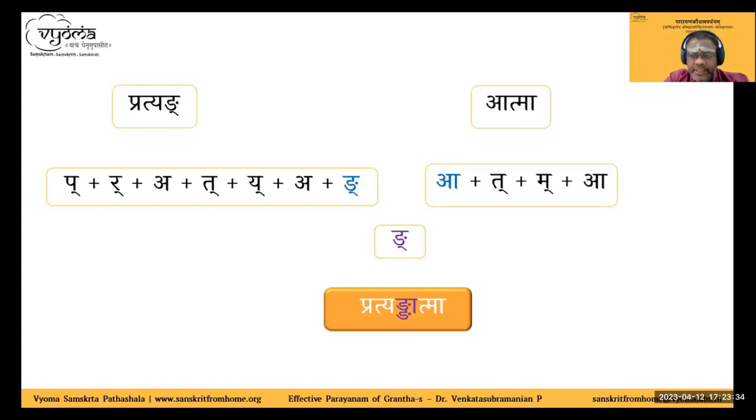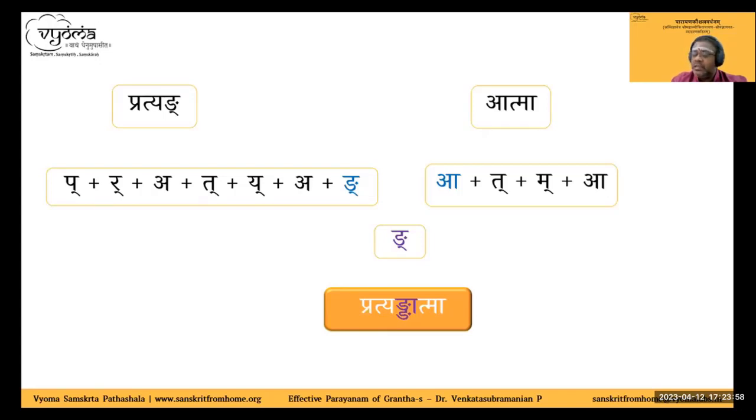So this is also a change. But the change here is the old letter did not go away. Another new letter came and it joined hands. They became friends with the old letters. In the previous case, the new letter drove away the old letters. It is called Adesha.